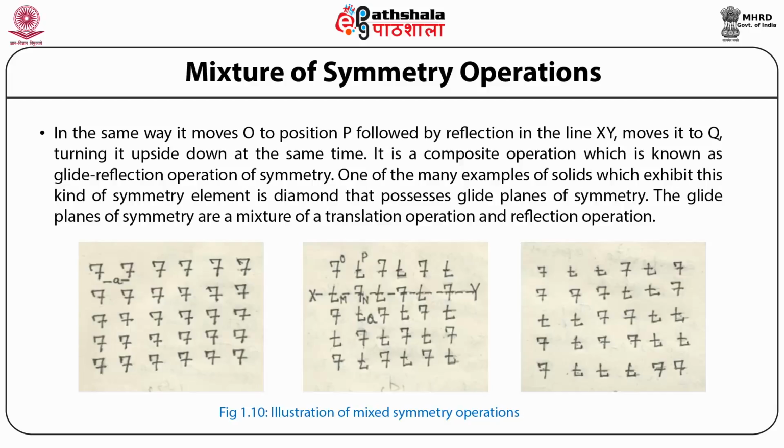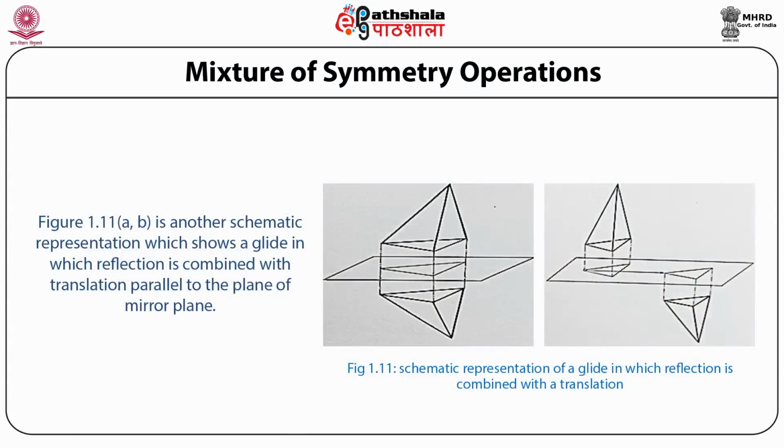One of the many examples of solids which exhibit this kind of symmetry element is diamond, which possesses glide planes of symmetry. The glide planes of symmetry are a mixture of a translation operation and a reflection operation. Figure 1.11 A and B is another schematic representation which shows a glide in which reflection is combined with translation parallel to the mirror plane.